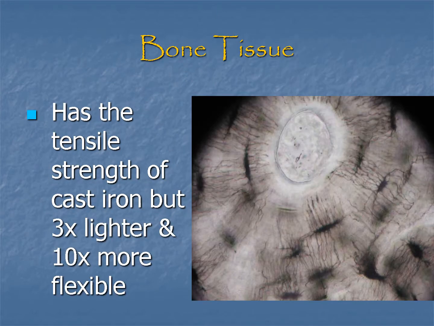Now, the bone is a connective tissue, but it's unique among connective tissues because it is rigid. It is said that it has the compression strength of cast iron, which means it is very hard in compression, but it is also flexible and elastic. The reason for the rigidity is the extracellular matrix, which is your calcium hydroxyapatite.